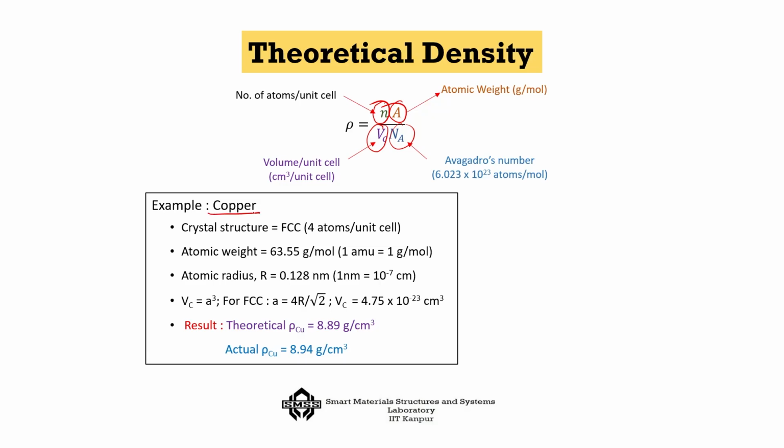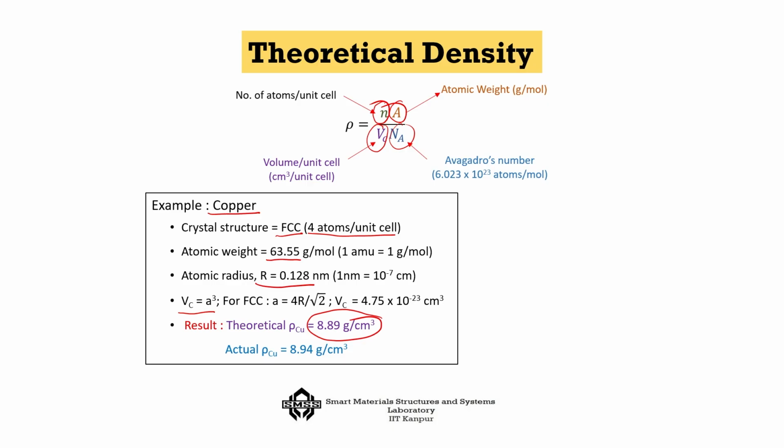Say if I choose copper, the crystal structure of copper is FCC, that means 4 atoms per unit cell. Atomic weight of copper 63.55 gram per mole. Atomic radius of copper 0.128 nanometer, from which you can actually calculate the Vc, and then you get a theoretical density of 8.89 gram per centimeter cube.